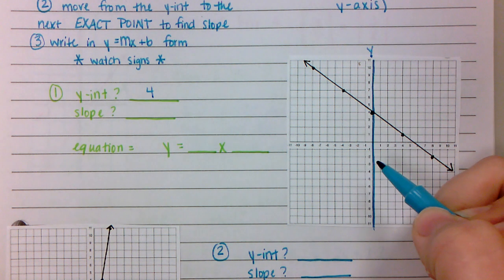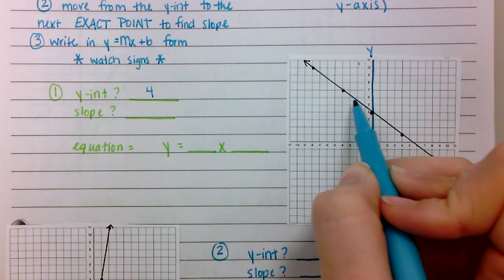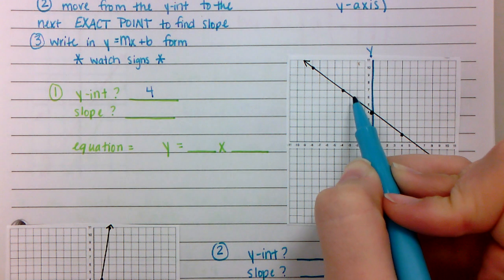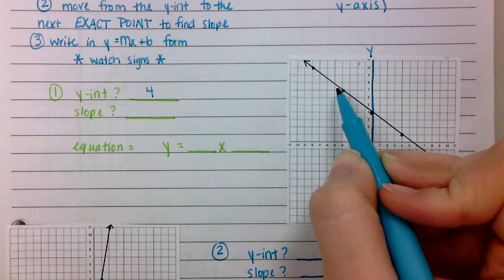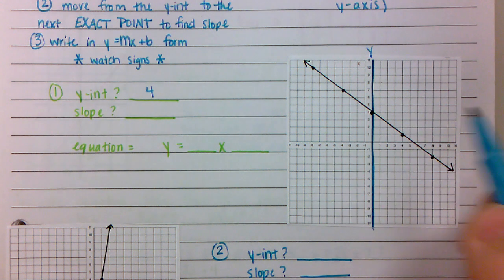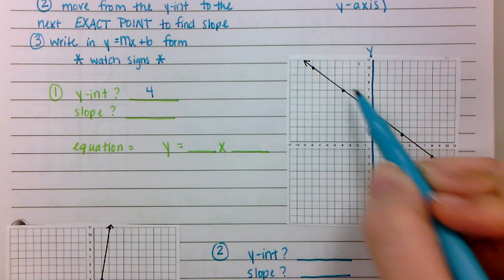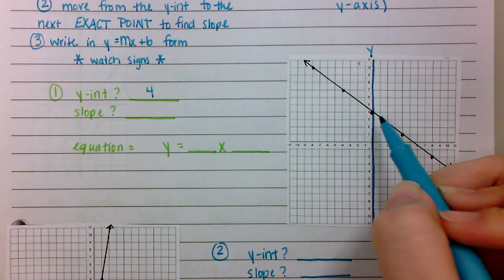Now, to find what our slope would be, we need to, from this point, move to the very next exact point. And I put a circle on them because sometimes when the line doesn't have circles, it's hard to tell if it's hitting exactly in the corner of 4 squares or not. So I put a dot where it hits exactly in the corner. So from this dot to this dot, I'm going to go up and over. I just need to count those numbers.